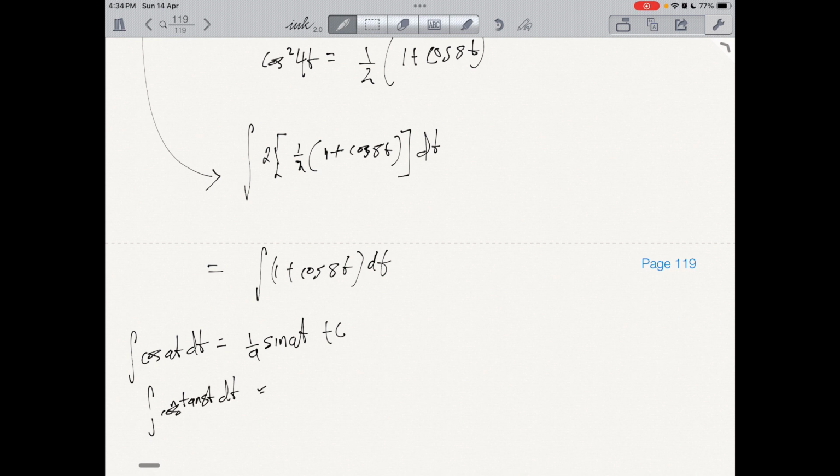Let's say the constant is k. If the constant is k, then this will give us kt plus c. Now with that done, integrating 1 plus cos 8t will give us t plus sine 8t over 8 plus c.